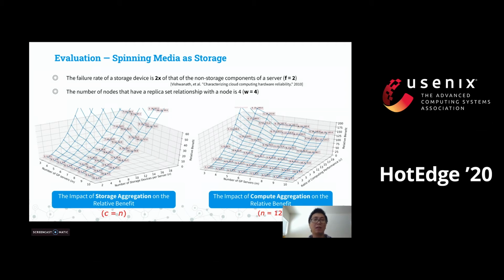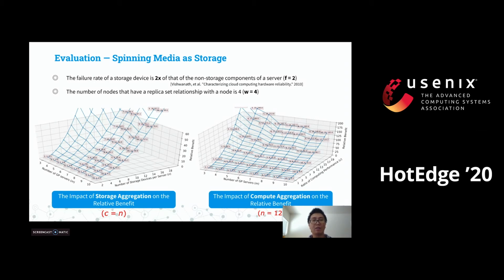For example, the failure rate of a spinning hard drive is much higher than that of a solid state drive. So in this example, we set F equal to 2, to represent that the failure rate of a spinning hard drive is twice the failure rate of the non-storage components in the server.